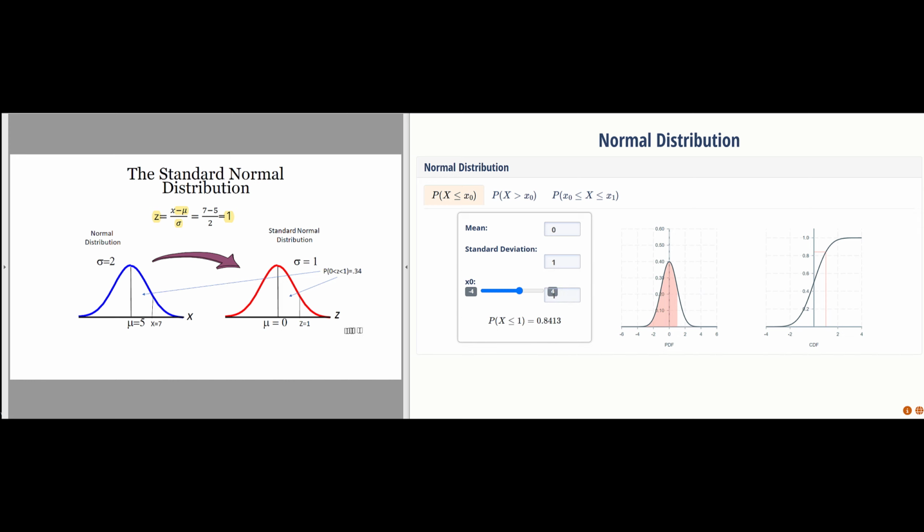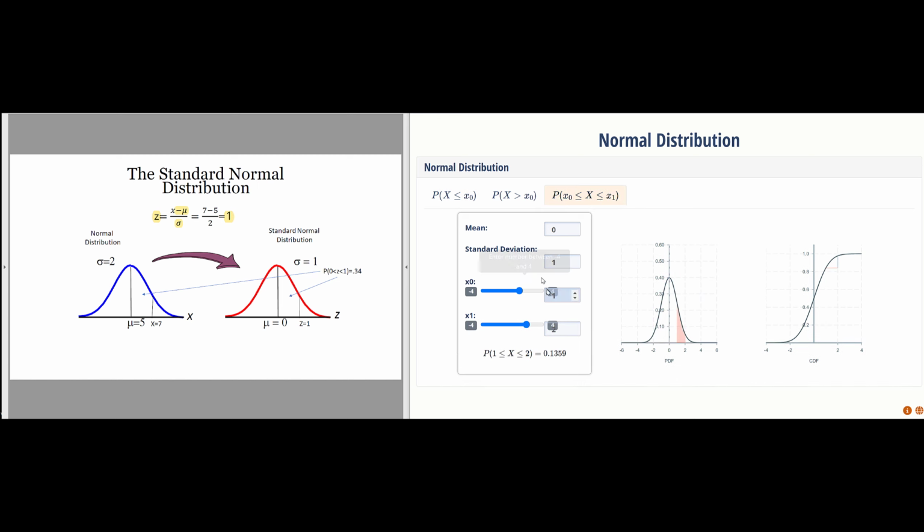The probability of, whoops, I misread this. Okay, we want to know what the probability is of being between 5 and 7. So that's 1 standard deviation above the mean. I'm going to have to go back to, all right, so let me use 0 as my lower bound, 1 as my upper bound.